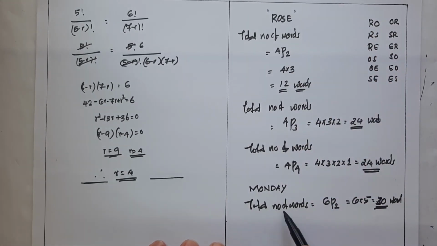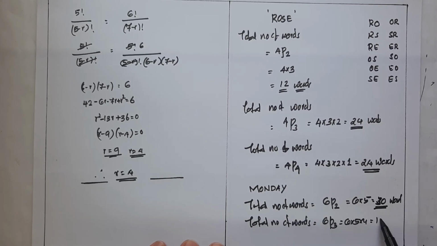Again, one more question. How many three-letter words can be formed using the letters of the word Monday? Then the total number of words is equal to, you get the answer 6p3. The answer is 6 into 5 into 4, that is 120 words.